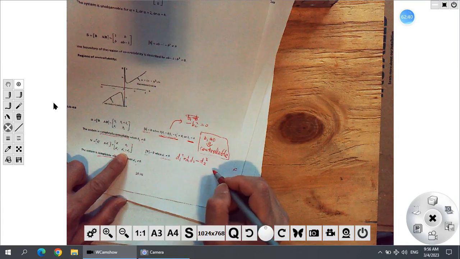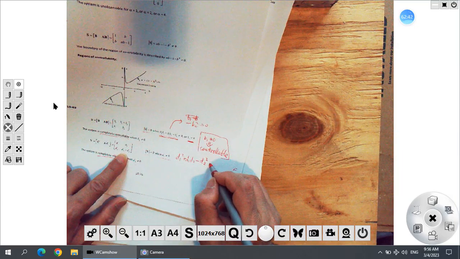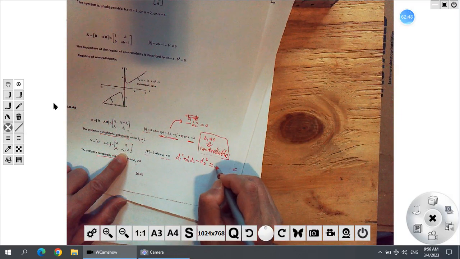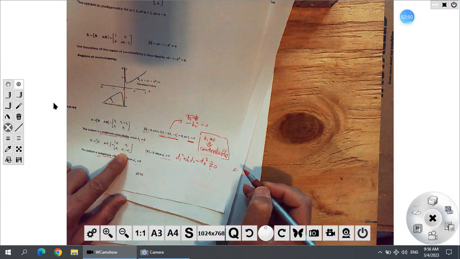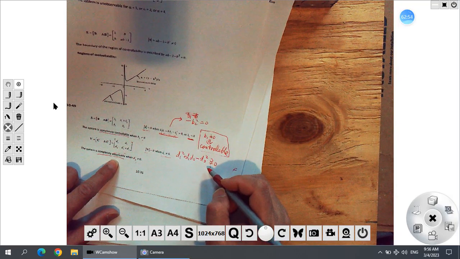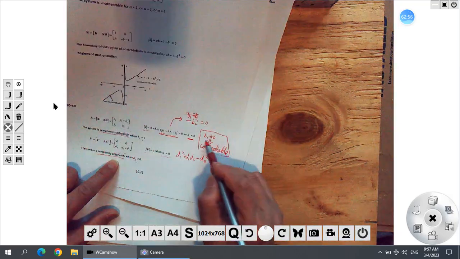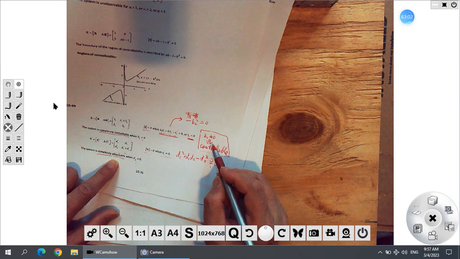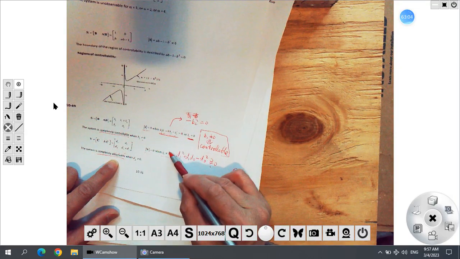Okay, so this one equal to 0. Whether or not we want it both controllable and observable. So first of all, we want D1 is not 0.